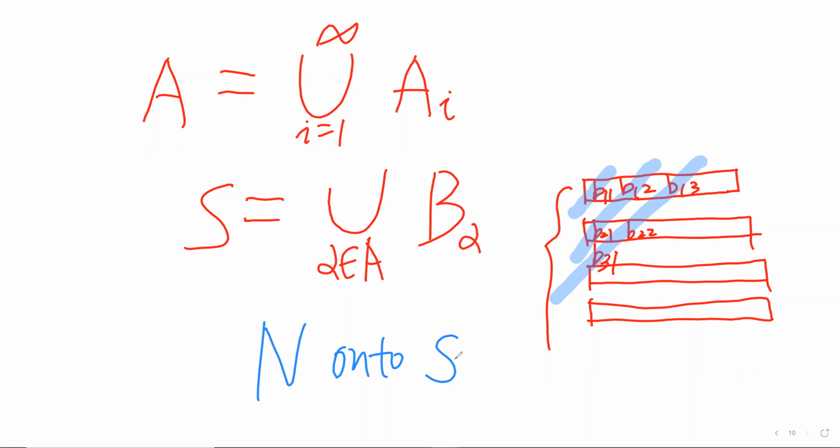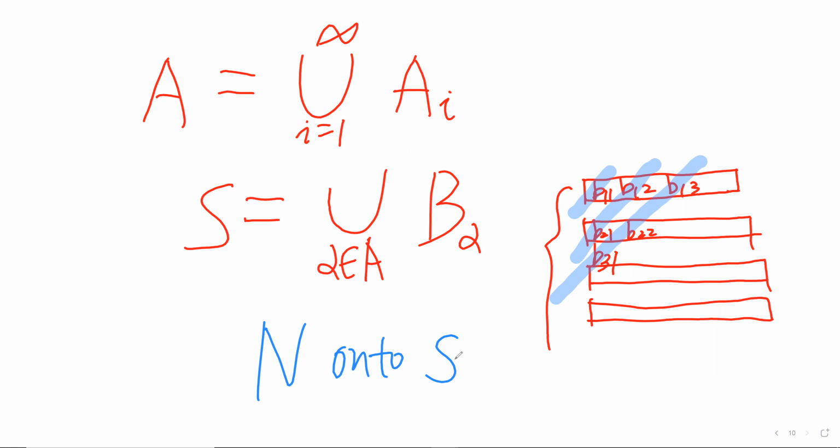So why is it the case that if N is mapped onto S, then S is countable?